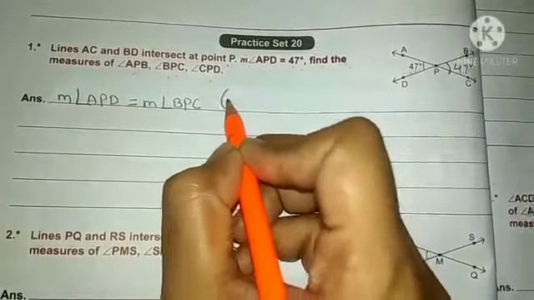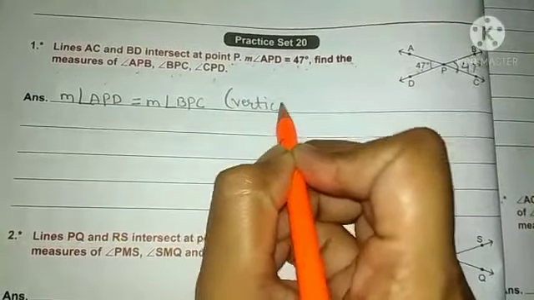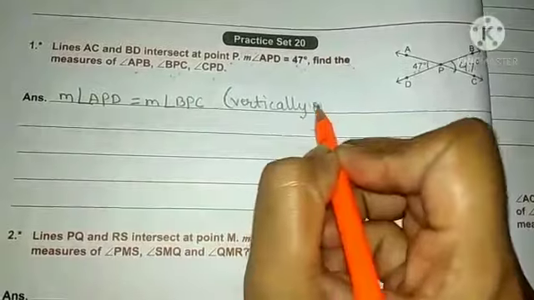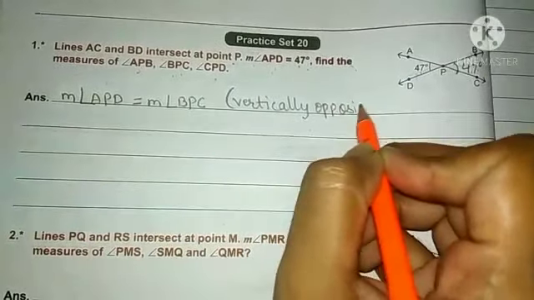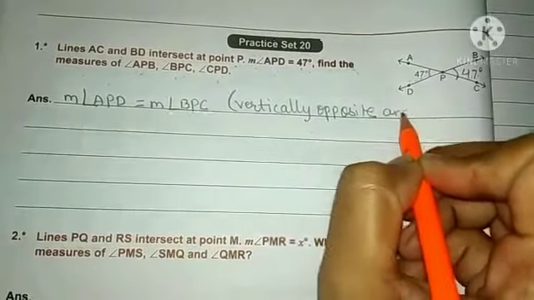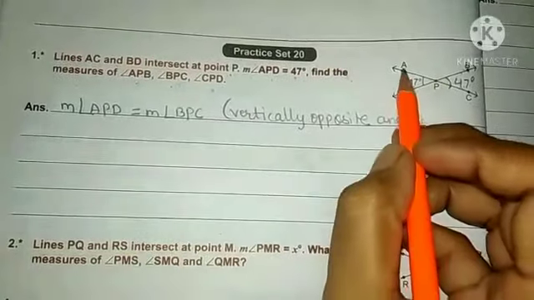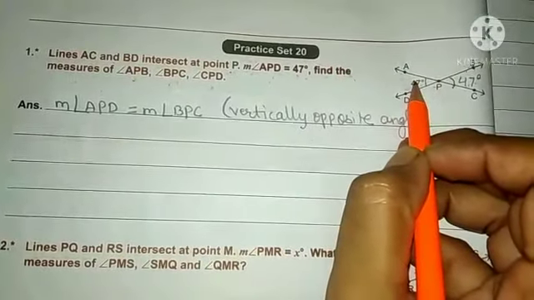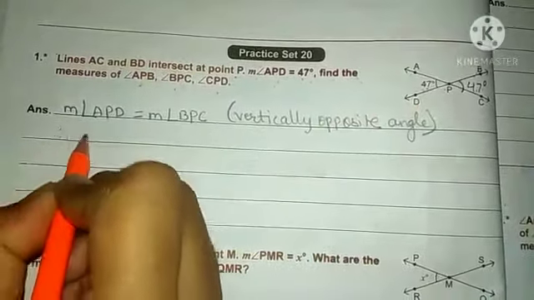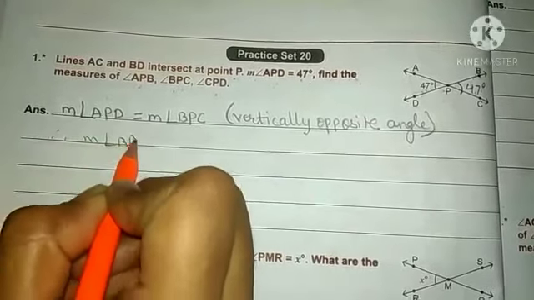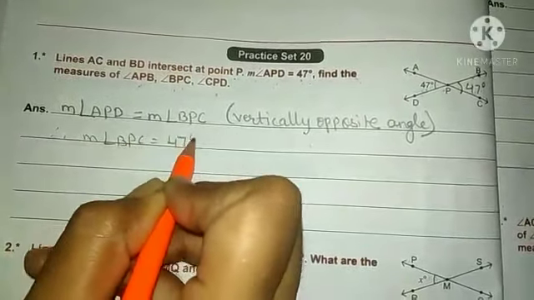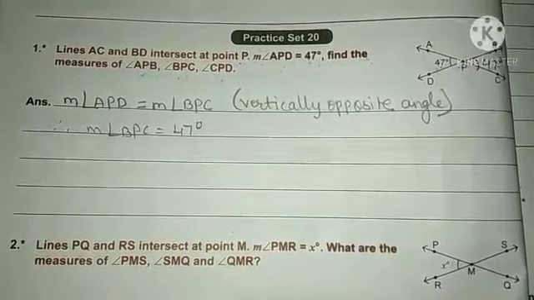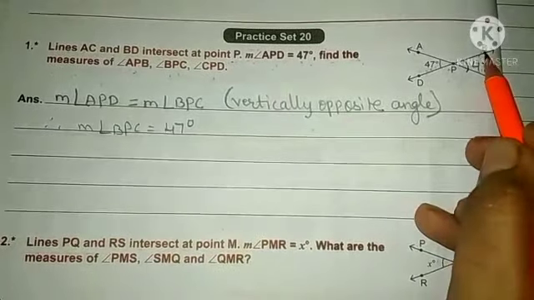Why? Because they are vertically opposite angle. Understood? So if measure of angle APD is 47 degree, so here the measure of angle BPC is also of 47 degree. Understood?